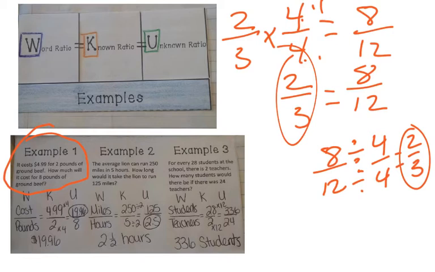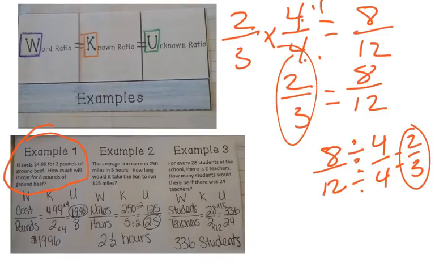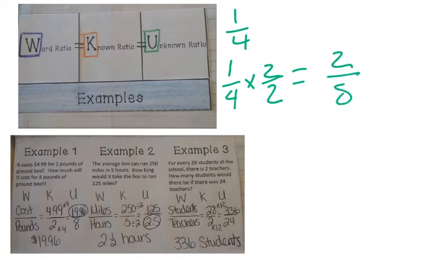Okay, so if I say list me three ratios that are equivalent to 1/4, what I would do is say 1/4, the easiest way is take that times 2/2, and I would say 1 times 2 is 2, 4 times 2 is 8.